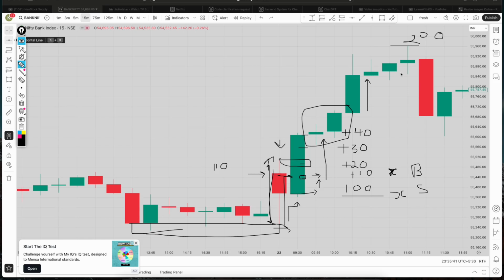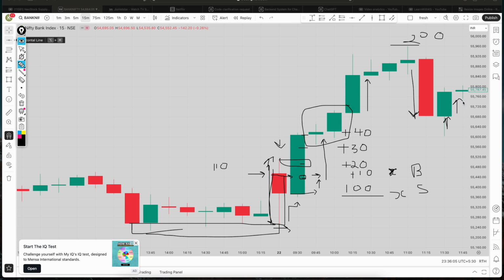So they started booking profit. That's why a red candle is here, because a lot of selling is taking place, a lot of orders are being closed, people are booking their profits, and then new buying has started again. People thought now it will go back up, so they started buying again, and it started rising again.